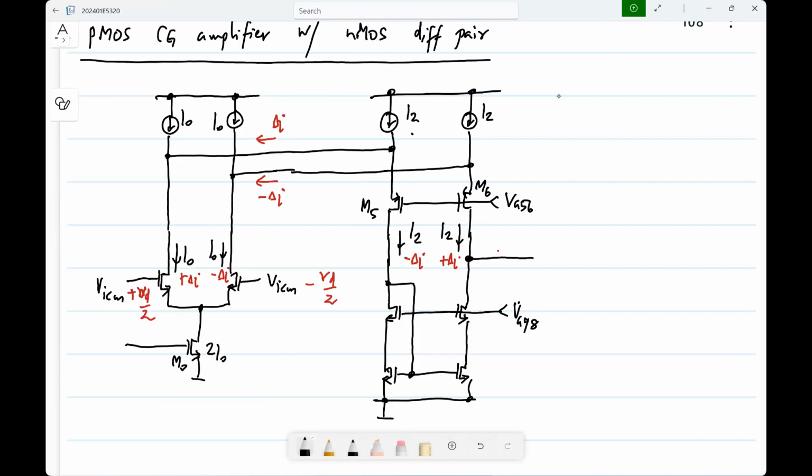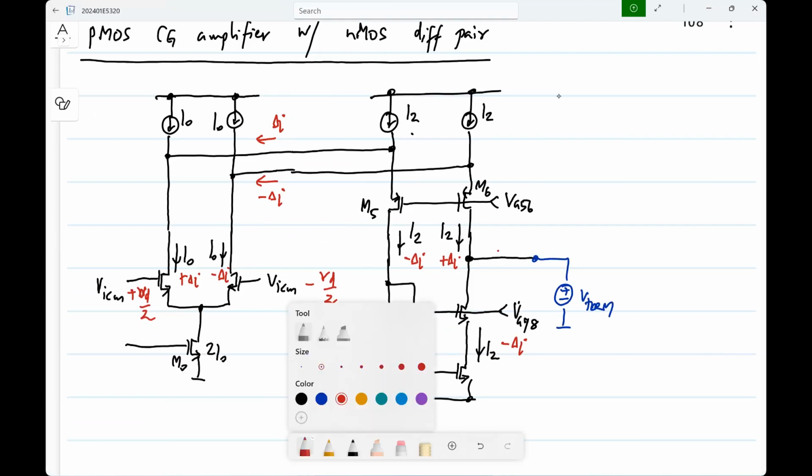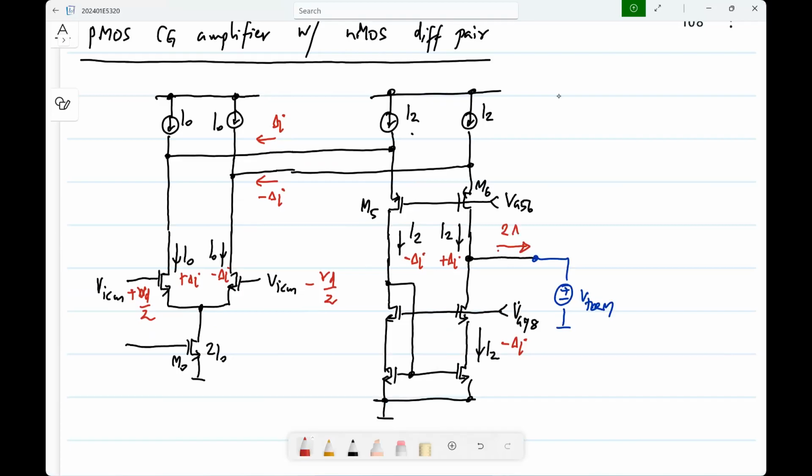So now this is a current mirror. Basically here also I'll get I2 minus delta I, and if I terminate this with some terminating voltage, what is the output current? 2 delta I, exactly the same as before. So the basic operation is the same. Instead of using NMOS differential pair with NMOS cascode, I used NMOS differential pair with PMOS cascode, and instead of using a PMOS current mirror, I am using an NMOS current mirror.